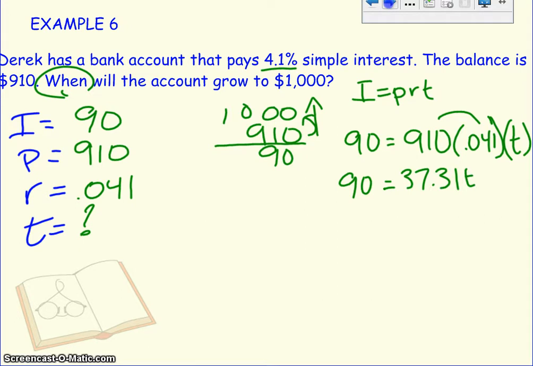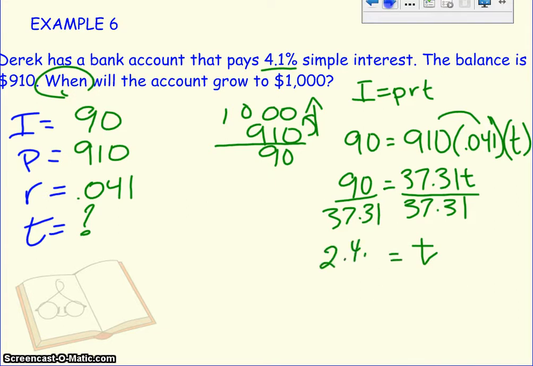Again, basic algebra problem. I'm going to divide both sides by 37.31. And I end up with T equals 2.4 years. So it's going to take 2.4 years for it to earn $90.